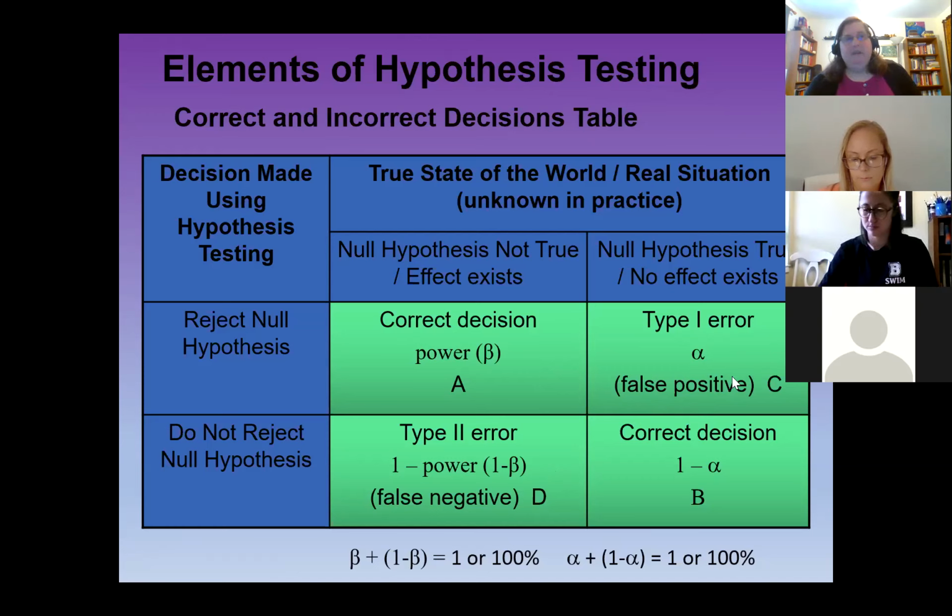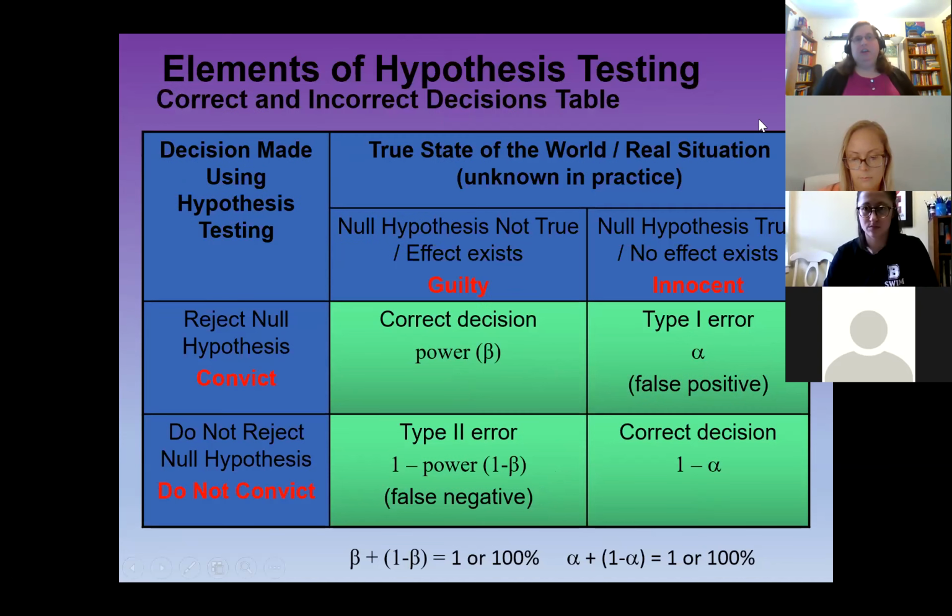Okay. So let me give you one more example just in case this isn't sitting nicely. Let's say we're in a courtroom now and the person is either guilty or innocent. And that's the true state of the world. Now you are a juror trying to figure out whether they're innocent or guilty. You will never know for sure. You're taking a guess.